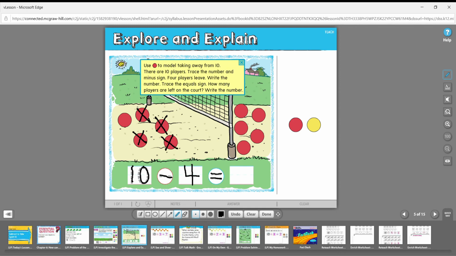Well, we count up how many are not crossed out. 1, 2, 3, 4, 5, 6. 10 minus 4 equals 6. So remember, when you're doing the front page, there are 10 players to start. So you're going to draw 10 and then 4 players leave. Okay, so now let's go on to the next page.